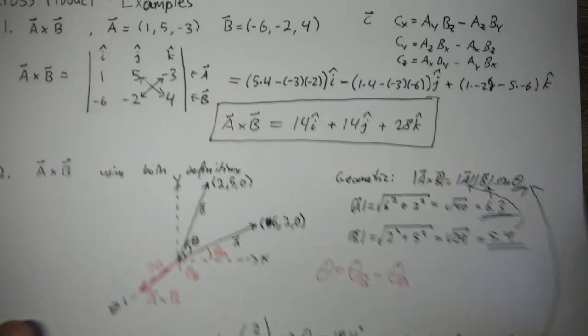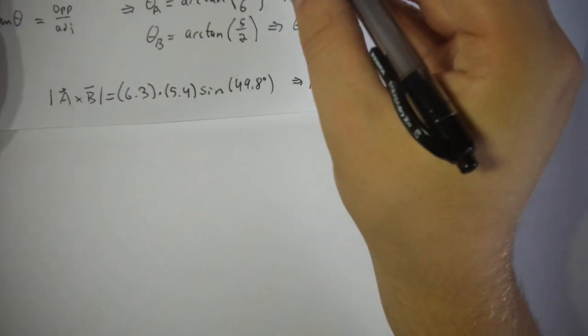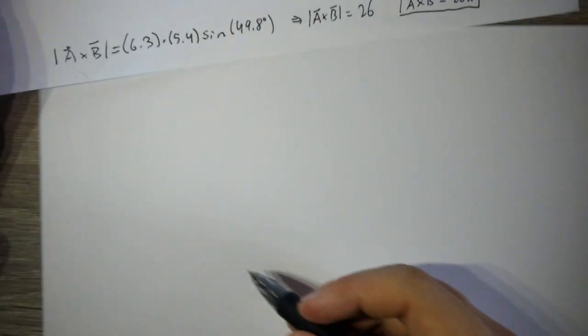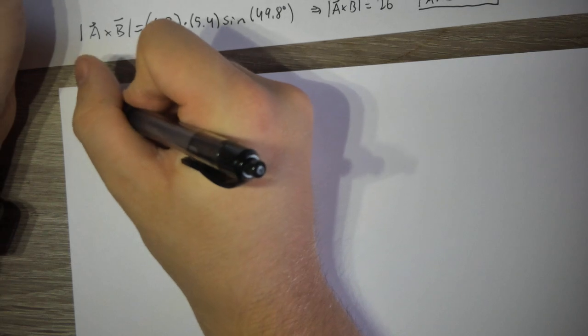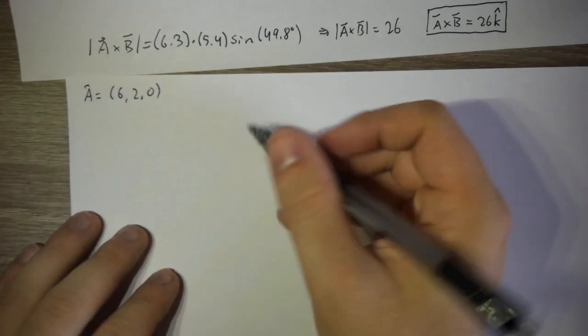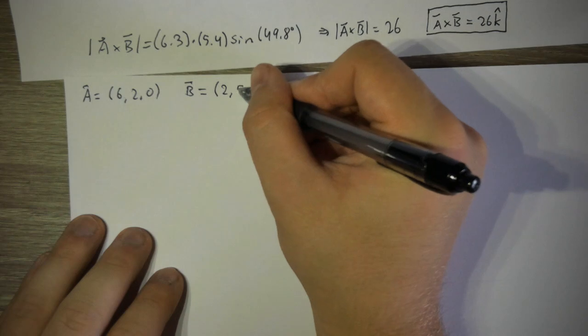Now, let's do the other method, the component definition. So our vector A is 6, 2, 0. Let's remind ourselves, A is 6, 2, 0. And B is equal to 2, 5, 0.